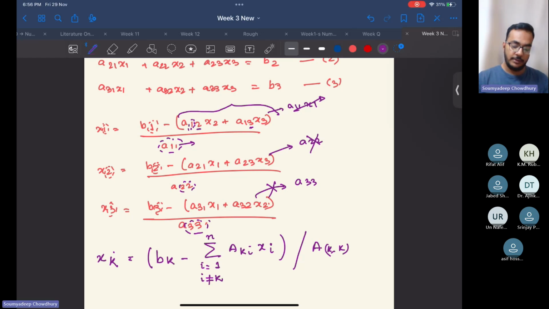See, if you can understand this one, then your problem will be solved to write the MATLAB code.